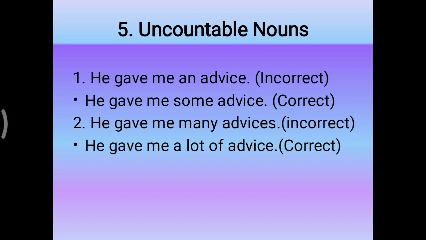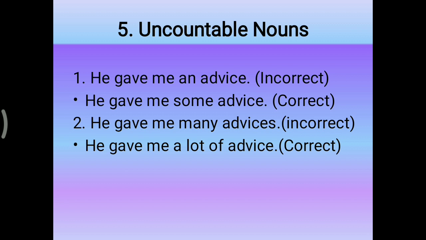Uncountable nouns. An uncountable noun is a noun such as furniture, music, health, or happiness that has no plural form and is not a singular noun, because uncountable nouns have no singular or plural form. They cannot be used with a, an, many, few, several, etc. Let's have a look at the following examples.